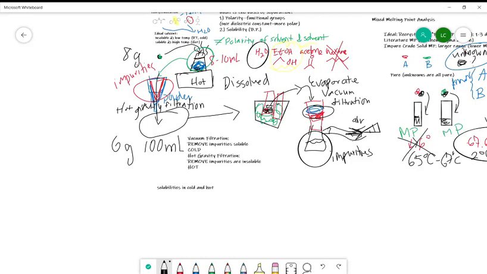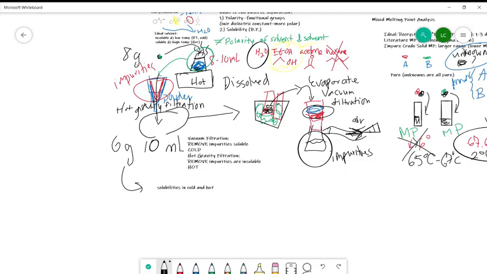You use this solubility, and let's say, to make this simpler, that it was like 10 milliliters. So then you know 6 grams is soluble here, and it will transfer to the next step, and 2 grams were insoluble, so it would not continue to the next part.